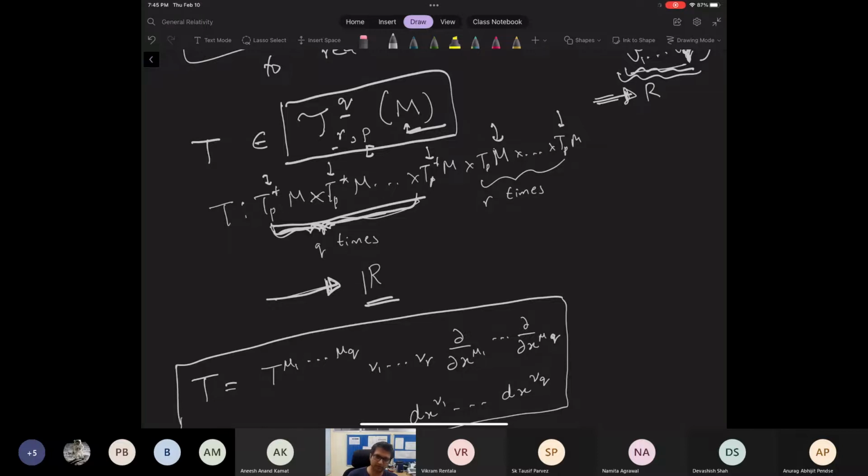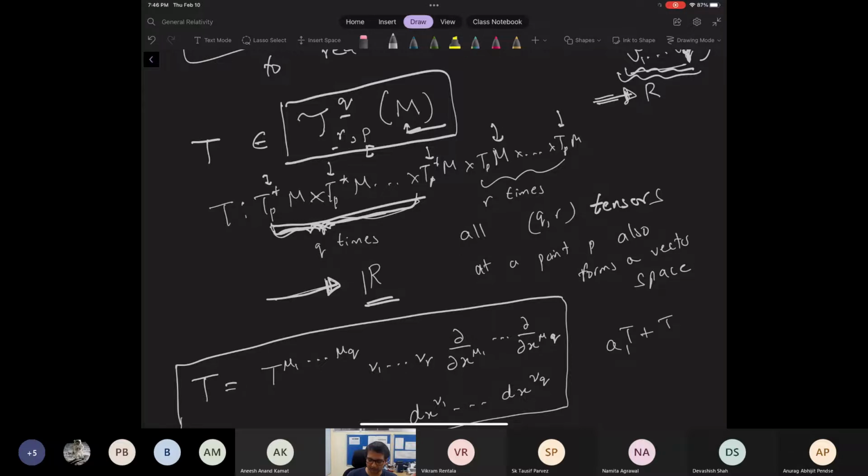Just like you have a vector space, you can now define the space of tensors. This language is a bit confusing, but the space of all (Q, R) tensors at a point P also forms a vector space. It's a vector space in the sense that once I take a particular tensor, I have this linear property of addition of these tensors.